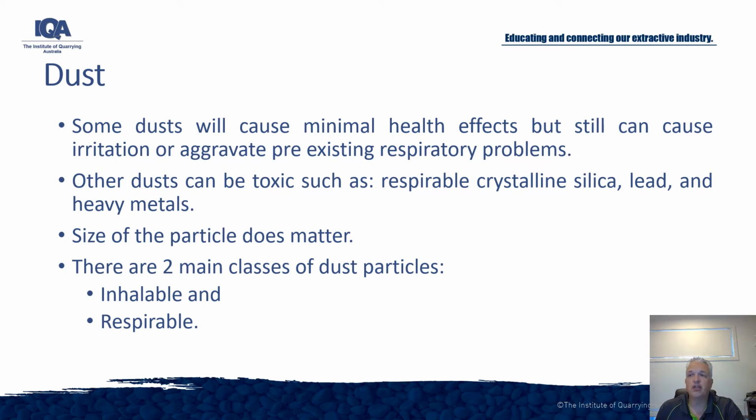The thoracic fraction, which is quite a small particle, penetrates beyond your larynx. The thoracic fraction is seldom determined, as there are few exposure standards based on this fraction. So the two main ones that Australian workplace exposure standards use are the inhalable and respirable fractions.